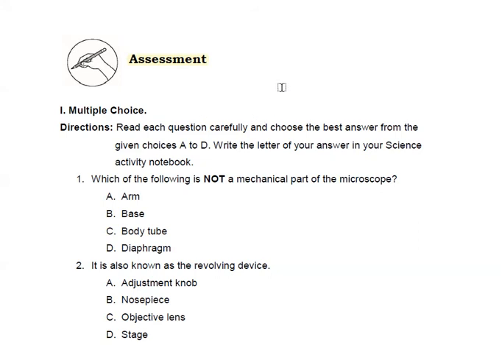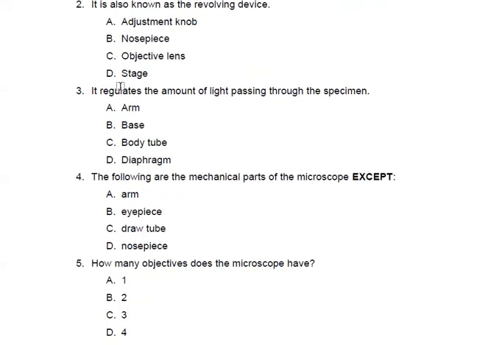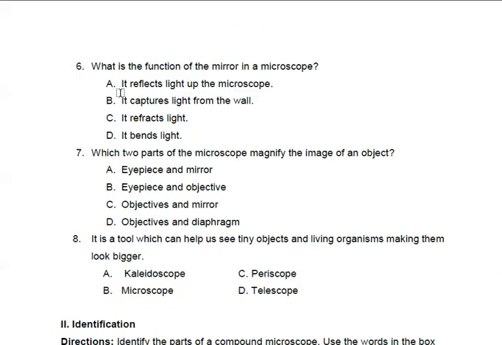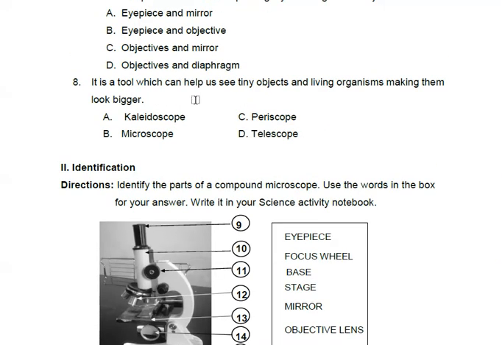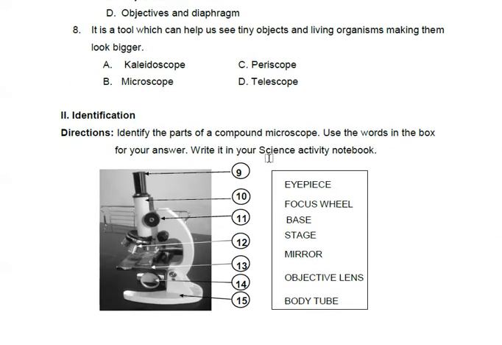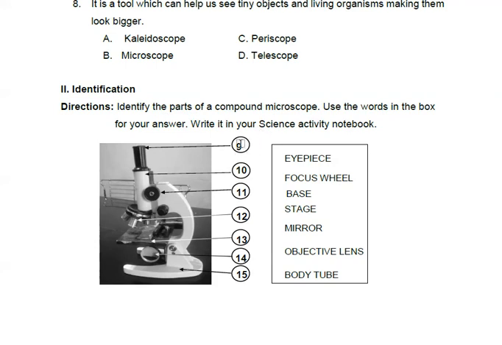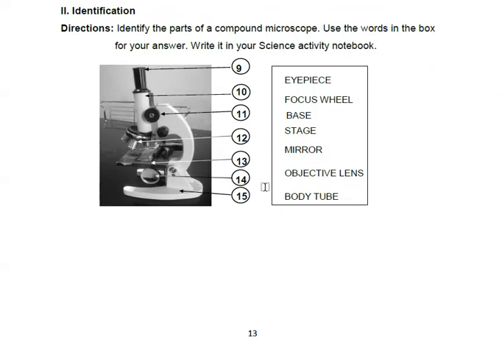Again, it will be just like the pre-test. So, first part is 10 items for multiple choice, and the last part is identification. Sorry, it's not 10 items, but 8 items. The last part is identification, and you have 7 items there. Okay? To identify what are the parts of the compound microscope.